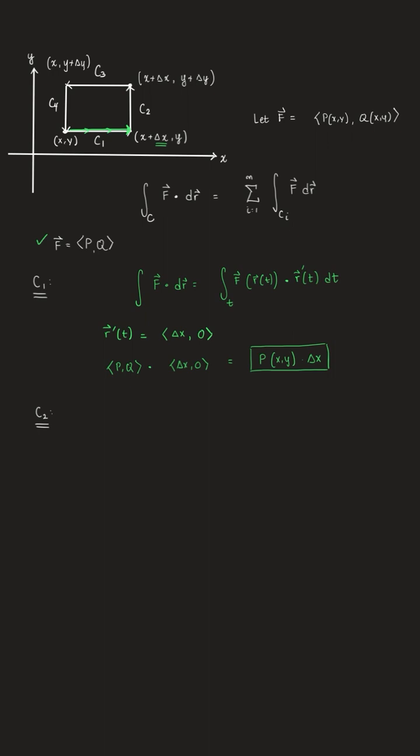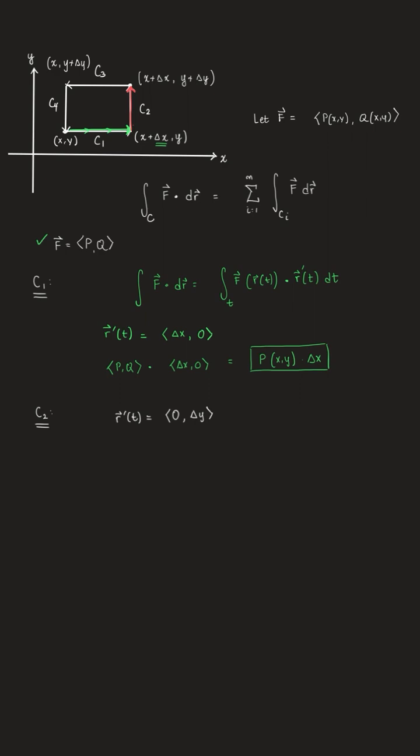Along C2, notice that I'm going to do this one in red. When we go up C2, x does not change, but y changes by delta y. So really, the r prime of t should be 0 change along x and a delta y change along y.